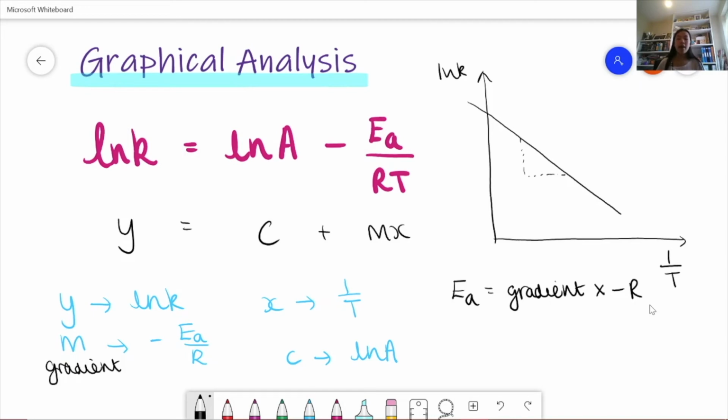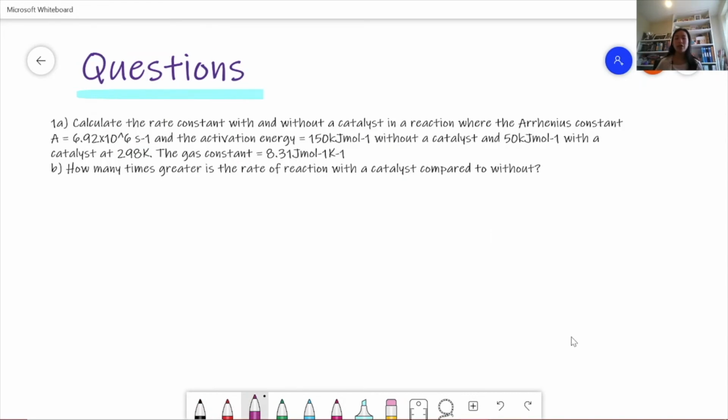And then this point here would be our ln A, because c is the y-intercept. And so that's how you can find the Arrhenius constant. So you would unlog it to find A, and you can find the activation energy by doing gradient times minus the gas constant. Now we're going to move on to some questions.